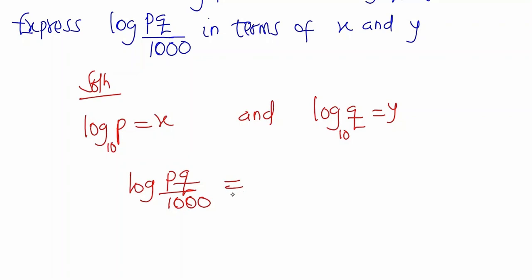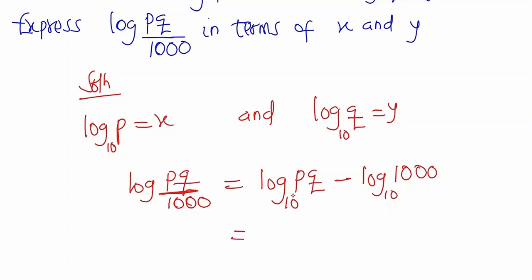So log pq, we can write it as log pq base 10, like we said. Now, a single logarithm where things are being divided means we can expand by subtracting. So minus the logarithm of 1000 base 10.